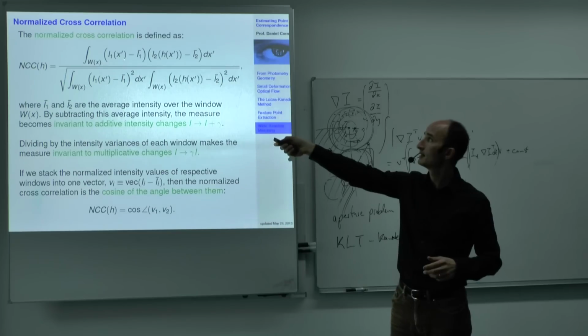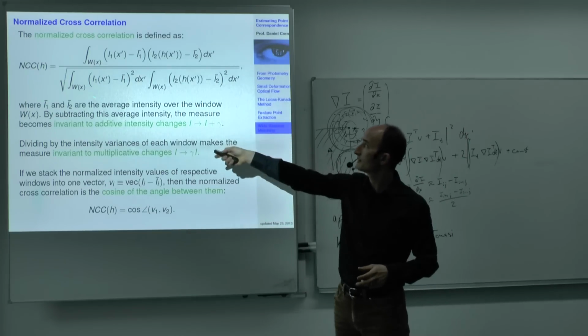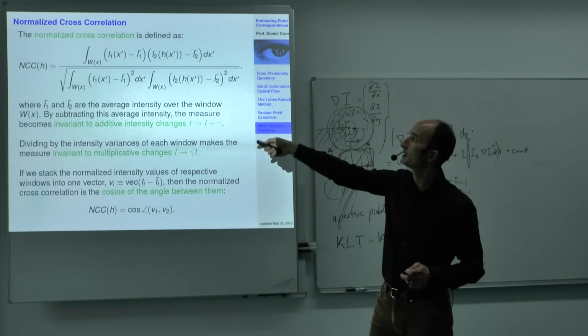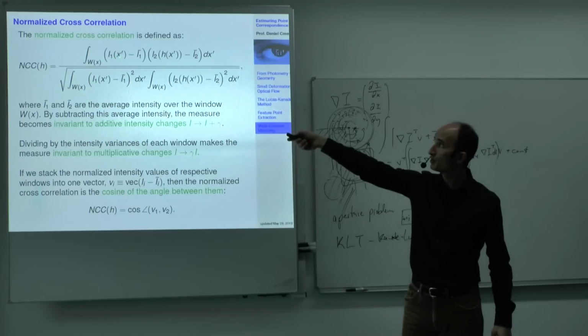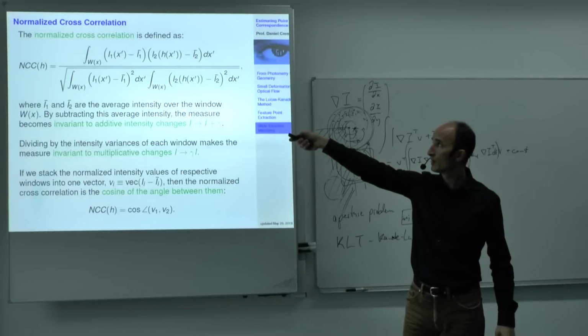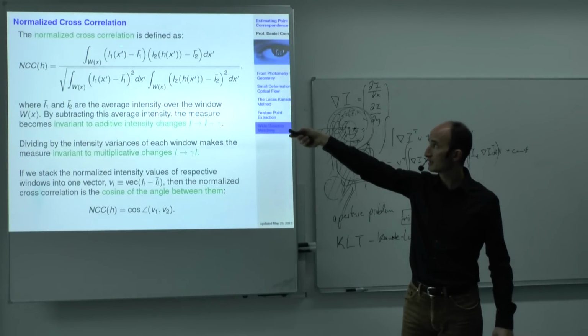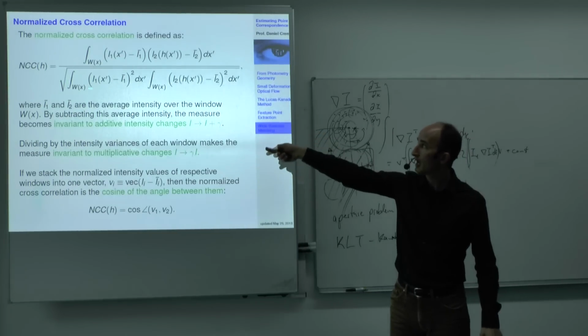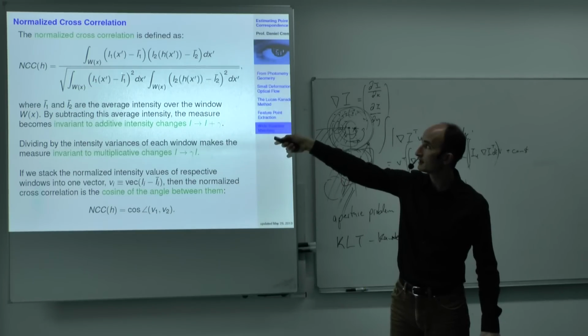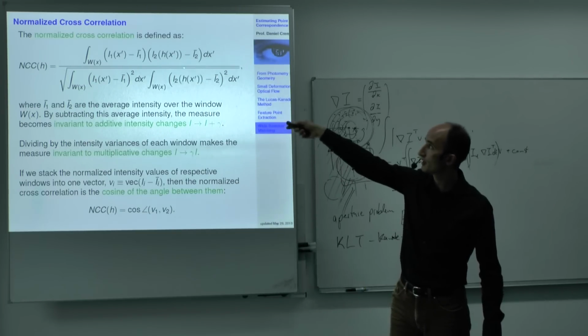And then what do we have down here? We just normalize by the lengths of these vectors. We consider all brightnesses in that patch in the first image as a vector, and what we have here is the length of that vector: the norm squared and then the square root of it.